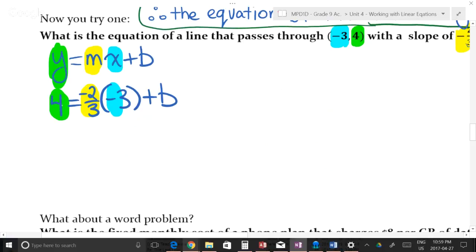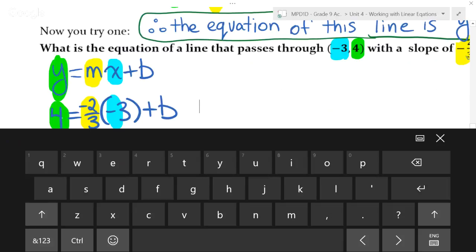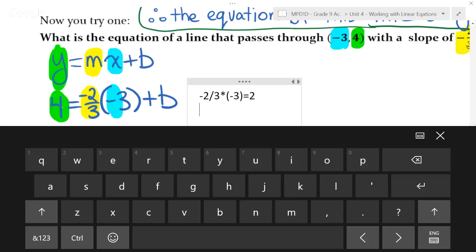And again, we're going to work this out on our calculator, because I can't necessarily do this in my head. So I'm going to say negative 2 over 3 times negative 3 equals, and it tells me the answer to that is 2.